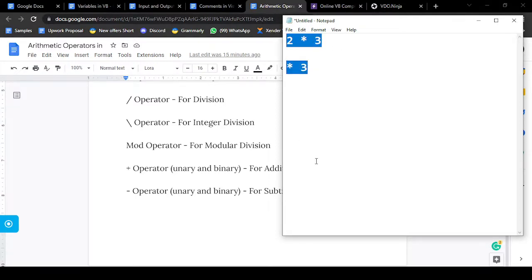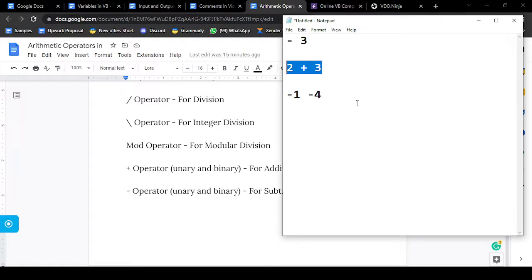But for the plus and the minus, which is the addition and the subtraction, you can have something like plus 2 works just fine. You can have minus 3 works just fine. And you can also have 2 plus 3. You can have minus 1, minus 4. It works fine.